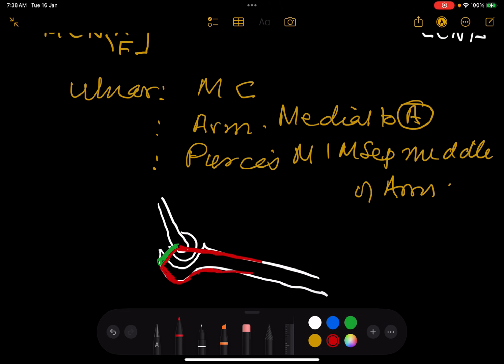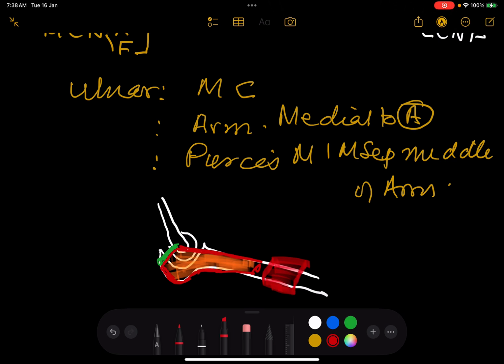So this is the flexor carpi ulnaris muscle. So under the flexor carpi ulnaris, originating only from the ulna, is the flexor digitorum profundus.